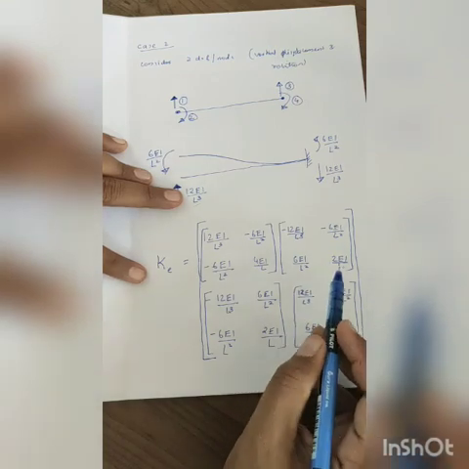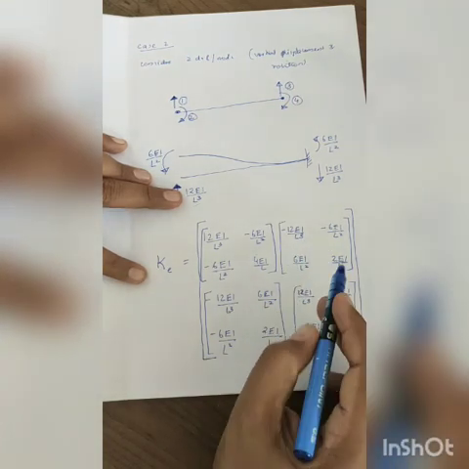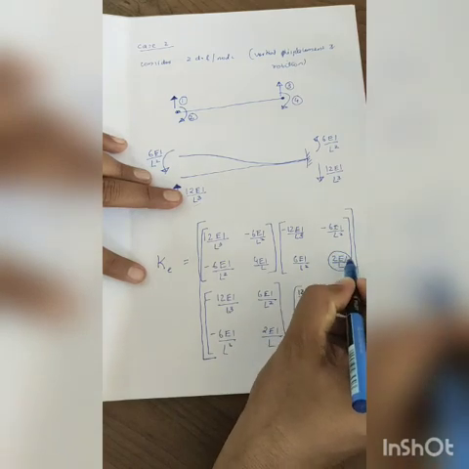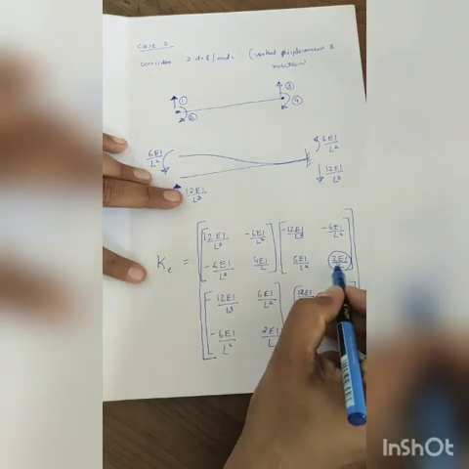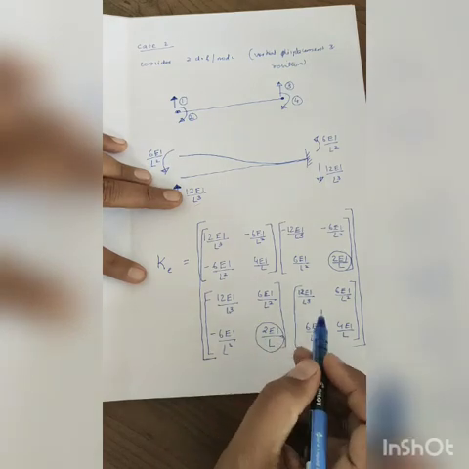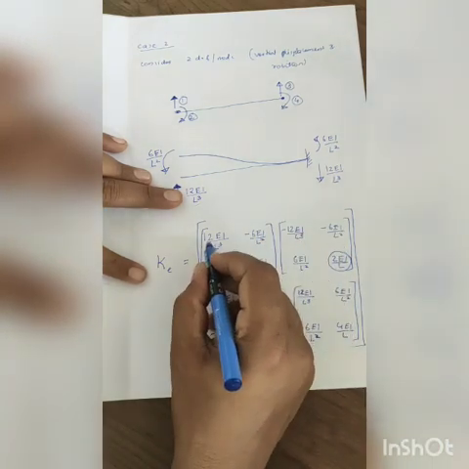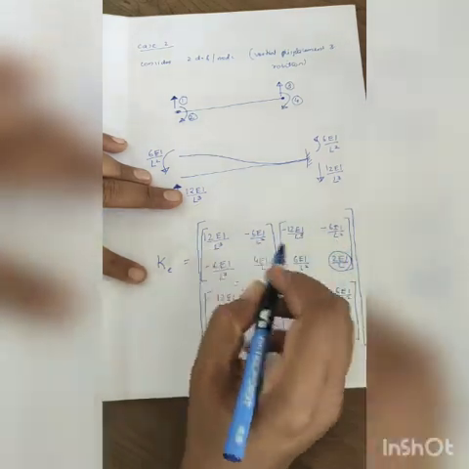And then you can see that in the other matrix, the coefficients are exactly the same except the last. Instead of 4EI by L, it is 2EI by L. Then only negation has come on 6 elements, that is on the first row and first column except the first element.